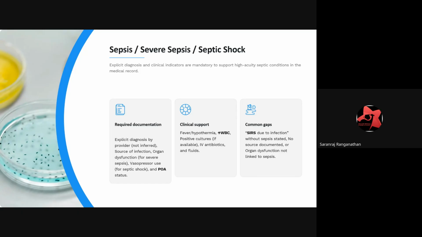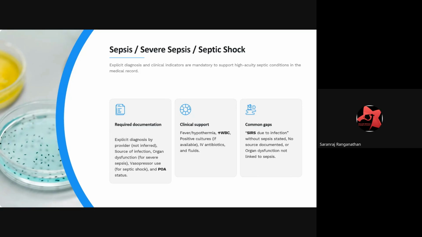Source of infection and organ dysfunction indicate severe sepsis. Vasopressor use comes in when it is septic shock. So these are all the documentation required when considering sepsis, septic shock, or severe sepsis.